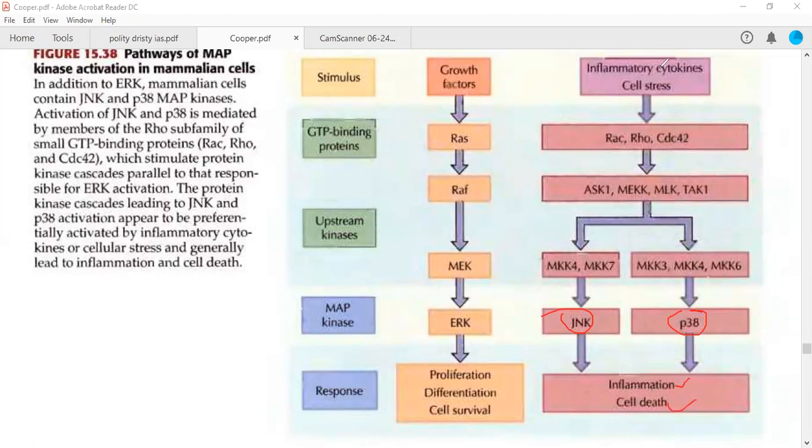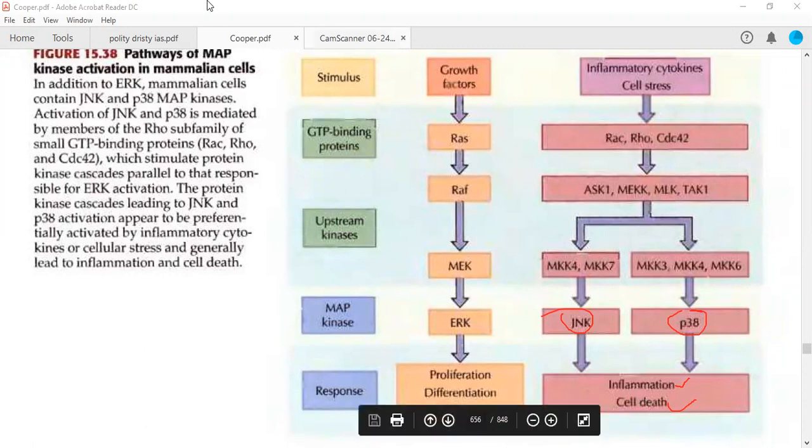They are under the control of stress in the cell, either the inflammatory cytokines will come, or if there is cell stress, for example, under high pH, under ultraviolet radiation or under heat conditions, the cell will activate this family of proteins, which are RAC, Rho, or CDC42, which are very analogous to RAS, but they will function in different pathways. So they will lead to cell death or inflammation actually.